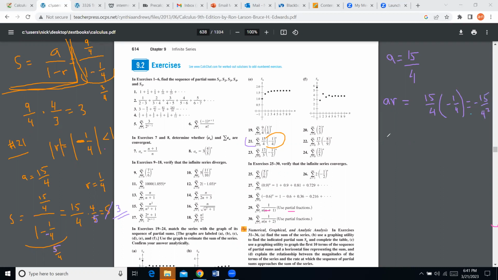And then the next term, A times R squared, is going to be positive 15 over 4 cubed, right? Because we're multiplying this negative by another negative. And then the next term will again be negative, 15 over 4 to the power of 4.